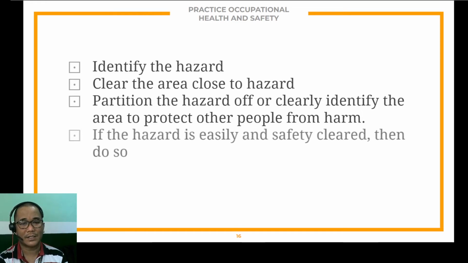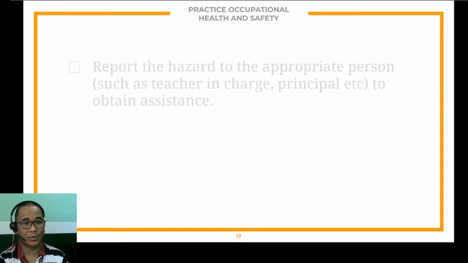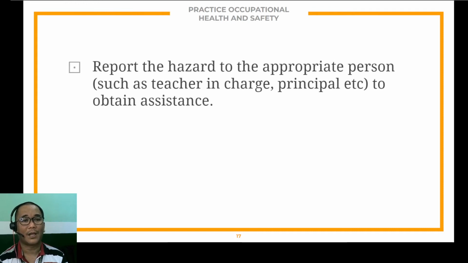If the hazard is easily and safely cleared, then do so. But if you cannot clear the hazard, the next thing you have to do is report the hazard to the appropriate person, which can be your teacher in charge or your principal, to obtain assistance.